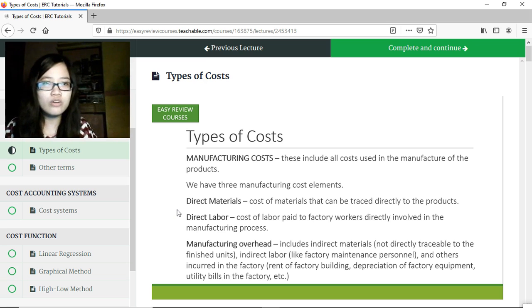So yung manufacturing overhead, indirect labor, indirect materials, and other costs na indirect, hindi mo siya makikita or matitrace directly dito sa product, pero involved siya dun sa manufacturing process. So, again, hindi directly related, pero related pa din dun sa manufacturing process. Okay? Pero hindi lang siya directly related dun sa product na pinoproduce.